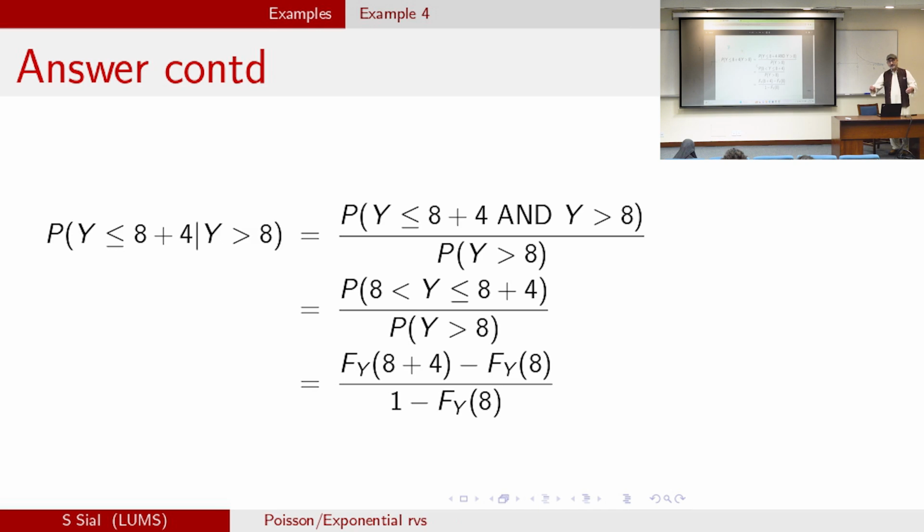So what's the probability that we have to wait another 4 minutes, or less than or equal to another 4 minutes? Means that we'd be waiting less than or equal to 12 minutes from the time that we started counting. That vertical line is an and? No, that's a conditional probability.